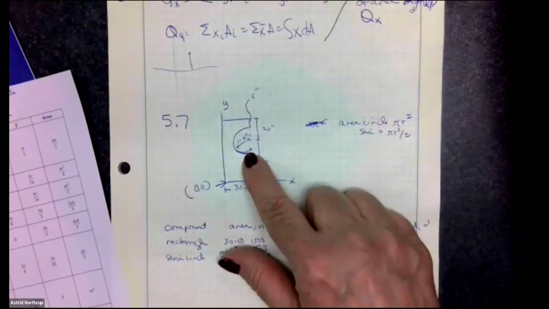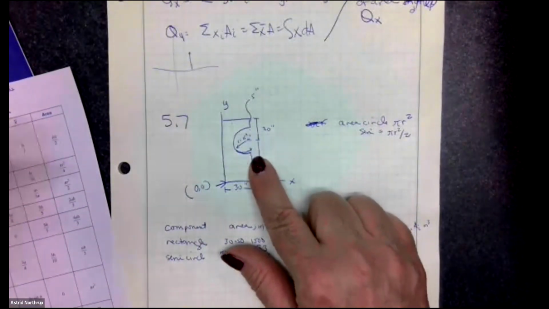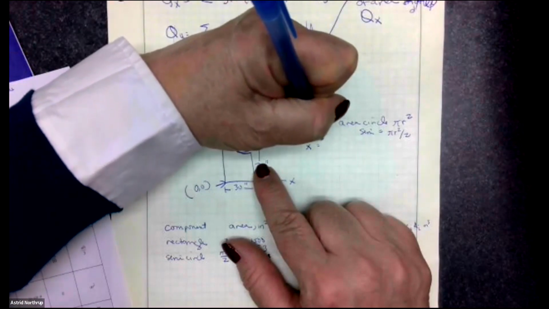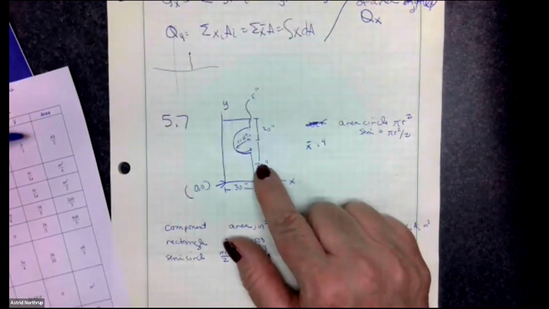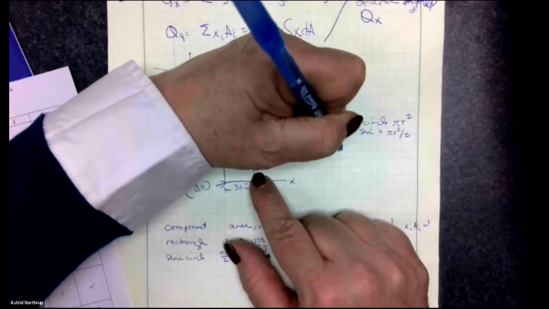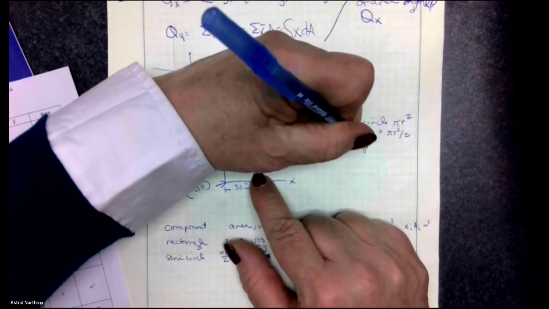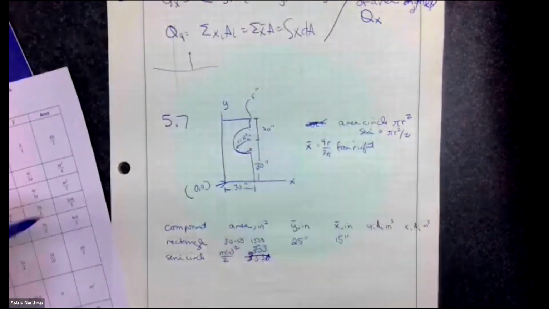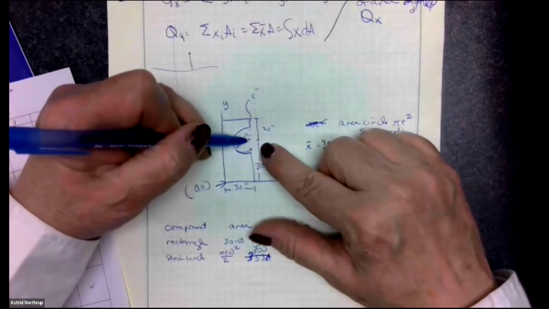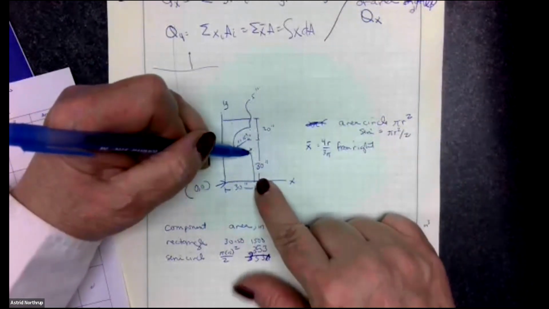So in that case, that's going to be my x direction, isn't it? So my x bar of the circle is going to be 4r over 3 pi from the right, because that's where the cut is, right? My y bar is just going to be halfway up because of symmetry, so it's going to be 7.5 inches above 30.